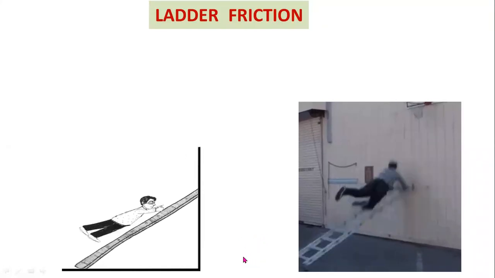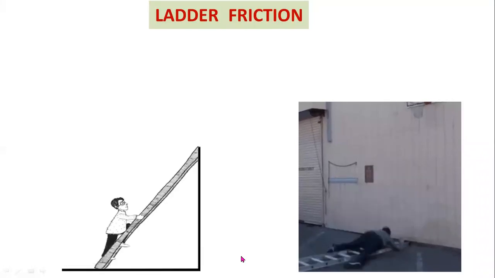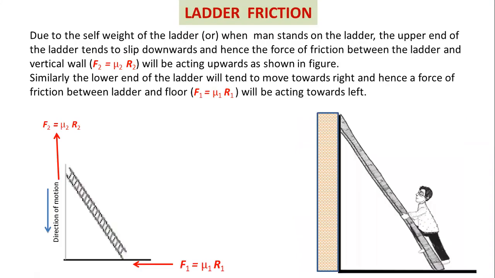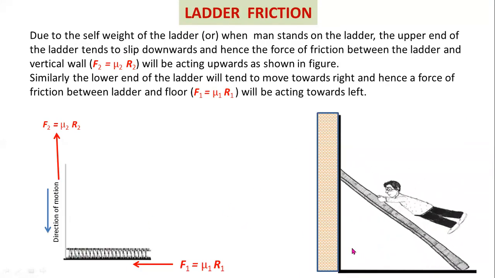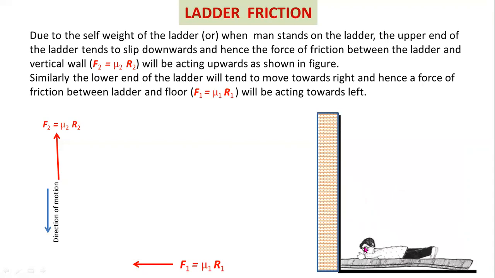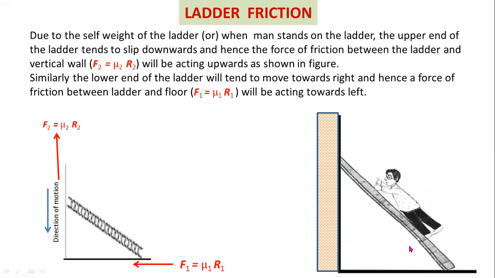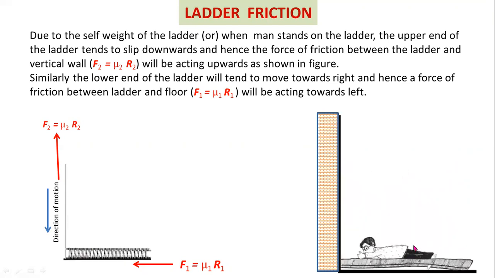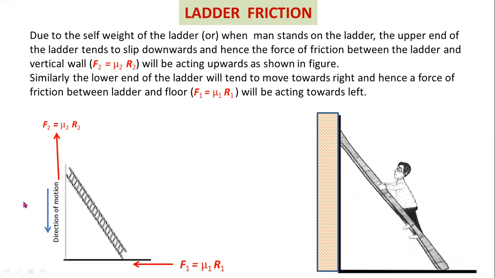You can observe clearly here. Due to the self weight of the ladder, or when a man stands on the ladder, the upper end of the ladder tends to slip downwards, and hence the force of friction between the ladder and the vertical wall will be acting upwards.